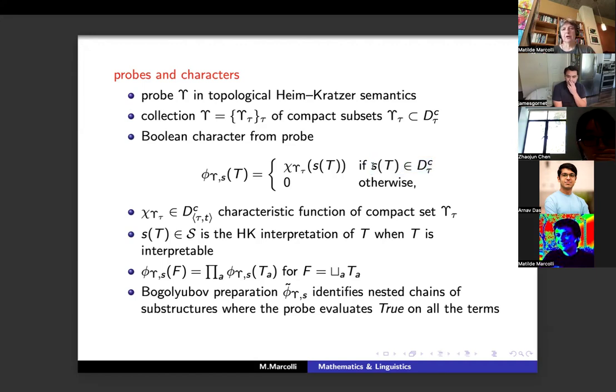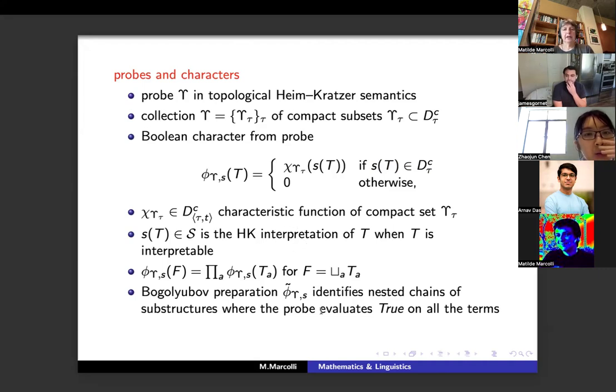So it means that if my structure T is mapped in the semantics to a certain denotation of a certain type, I can test whether it belongs to certain compact subsets in that type. And of course, it would be zero if my probes are in the wrong type.